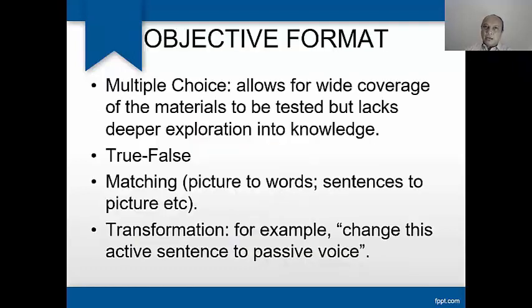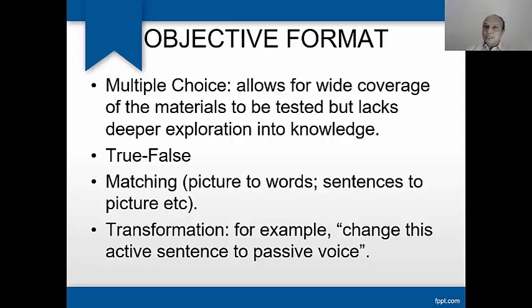Now there are two kinds of format. One is objective format. It is called objective because it really focuses on the test items or the scores or the answers as objects. It means that usually in an objective test, the test takers will rely on an answer key.